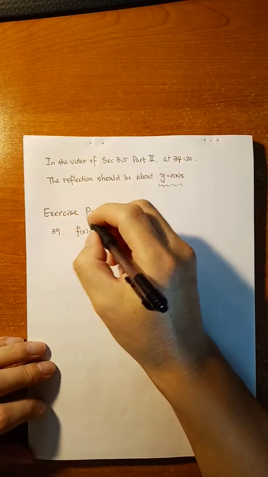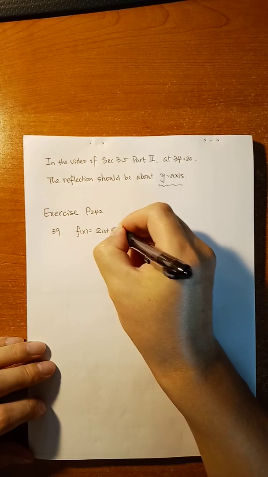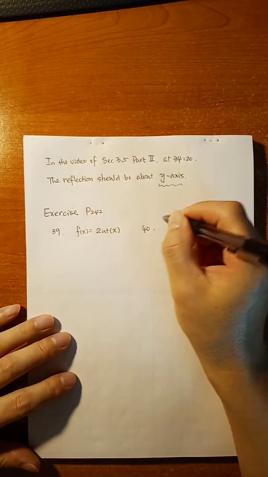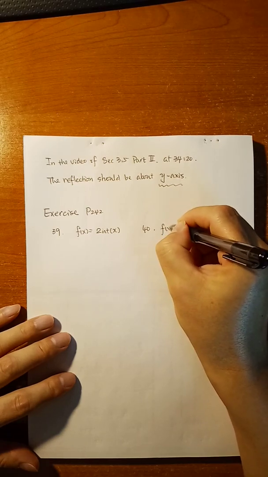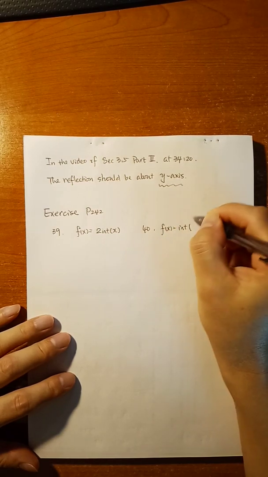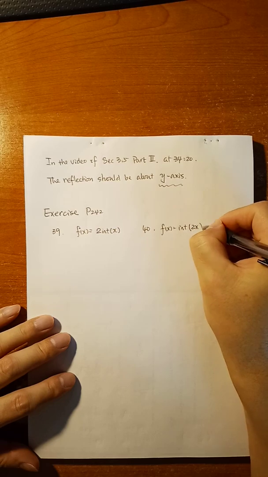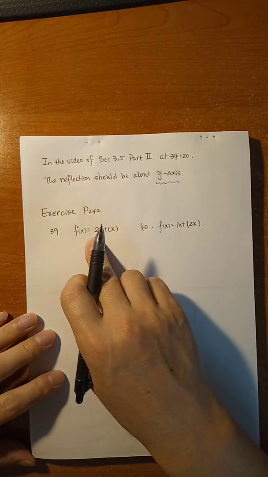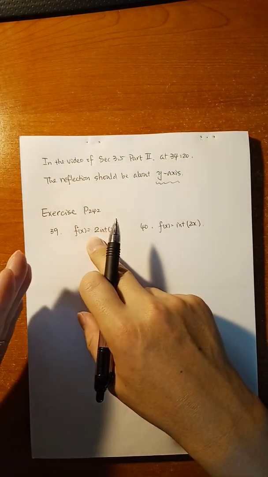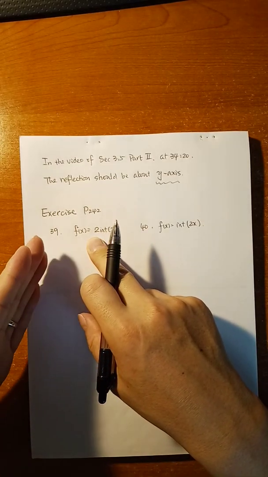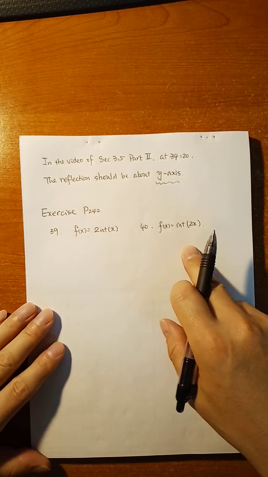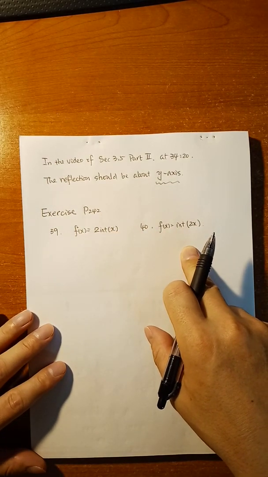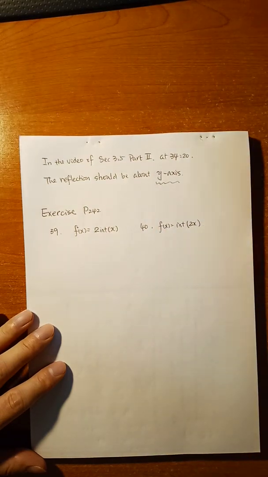In problem 39, f(x) is 2 times the integer function of x, and in 40, f(x) is the integer function of 2x. This one is a vertical stretch with coefficient 2. This is a horizontal compression with coefficient 2. Okay, so let's try it.